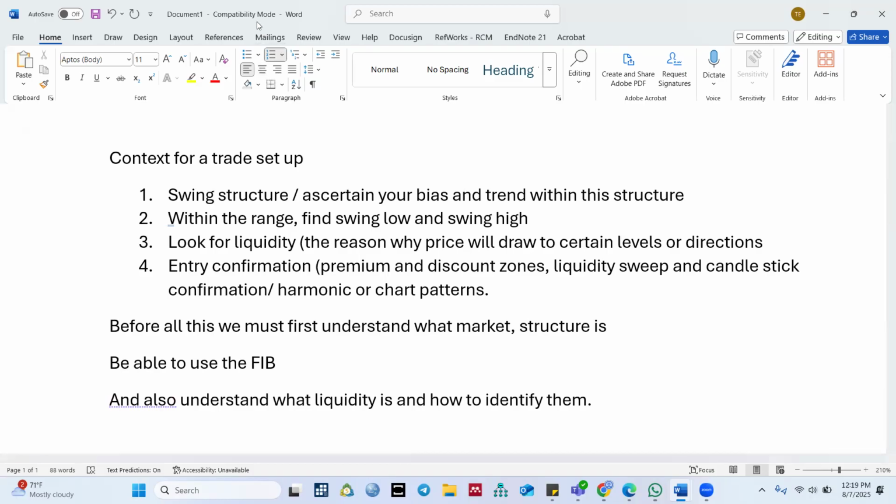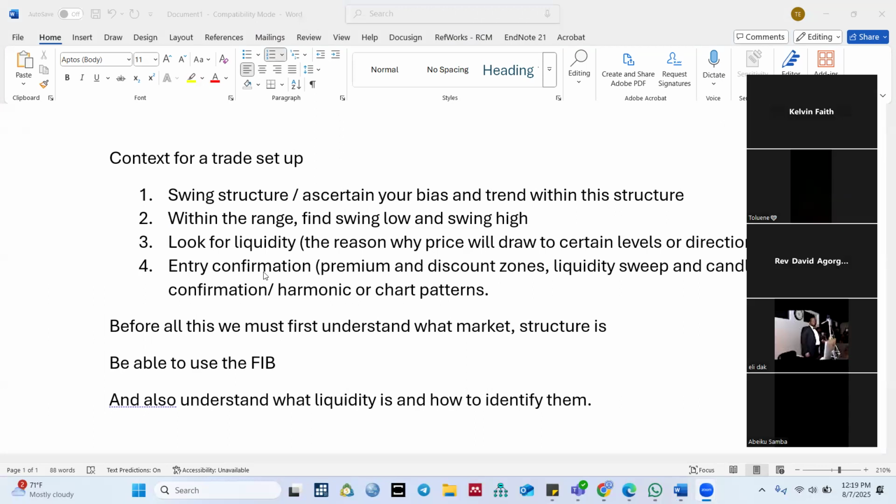Number two thing that I have to look at in order to set my foundation for taking a trade is, within that swing structure or range, to find my swing lows and swing highs being formed.